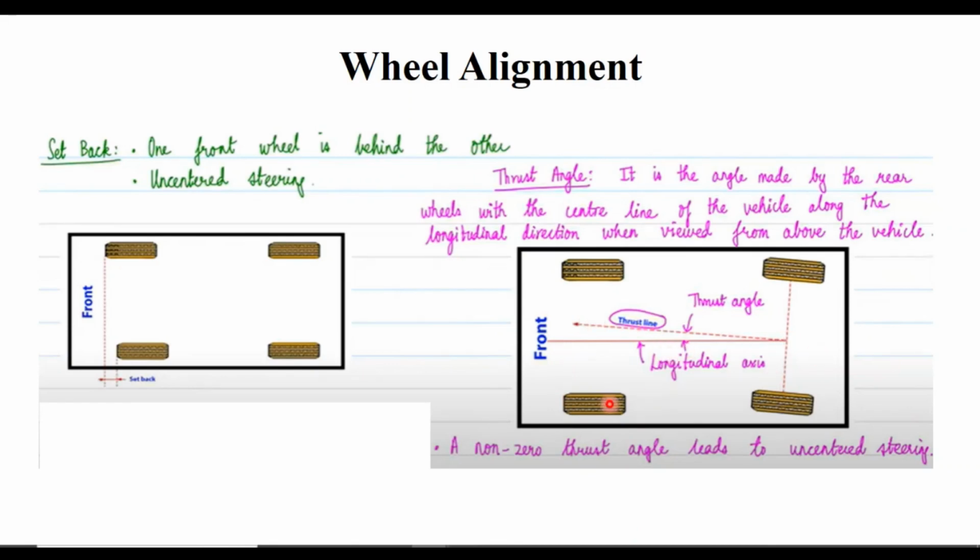During cornering, what happens is the front wheel of the front side, and the rear wheel of the front side. If you have a term called crest angle, where you're assuming that this is the longitudinal axis of the vehicle, and the angle made by the rear wheel, this is the rear wheel, the angle made by the rear wheel with the center line of the vehicle.